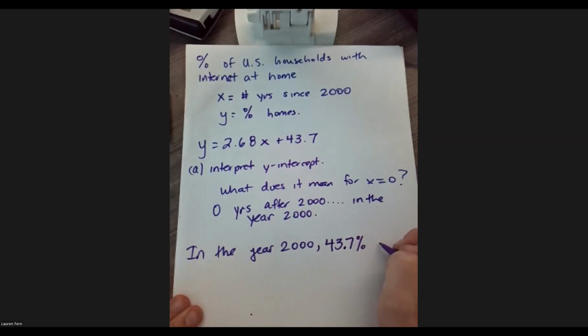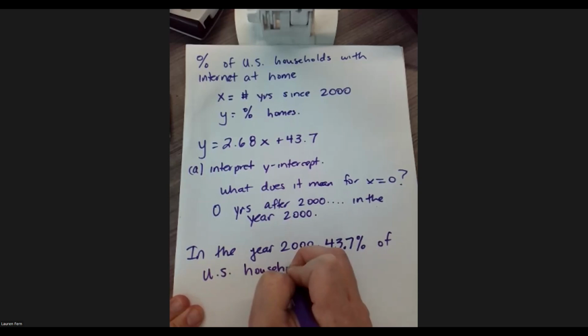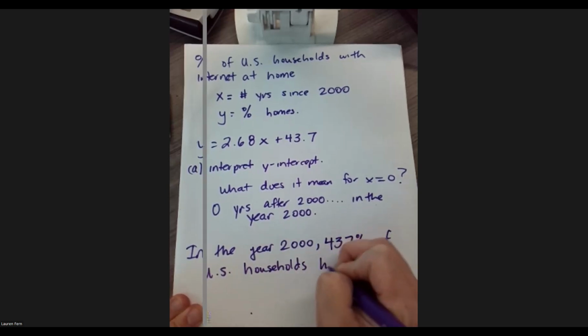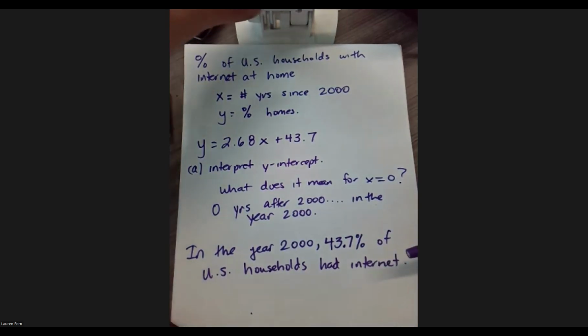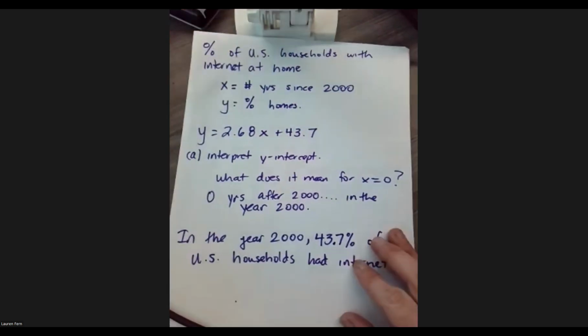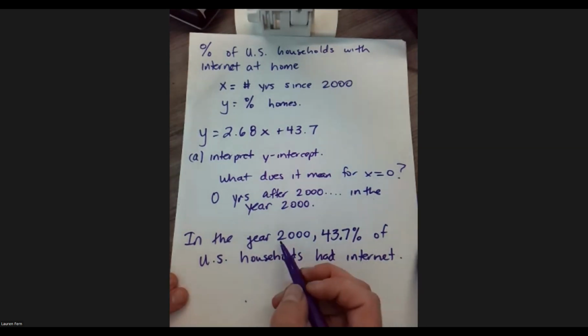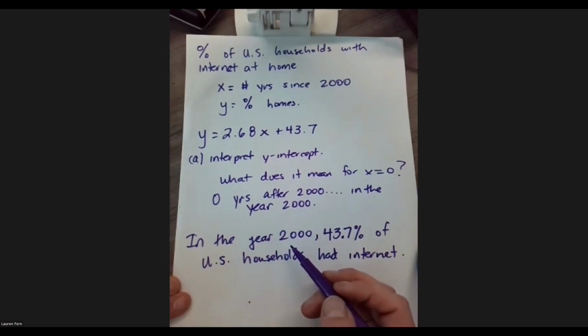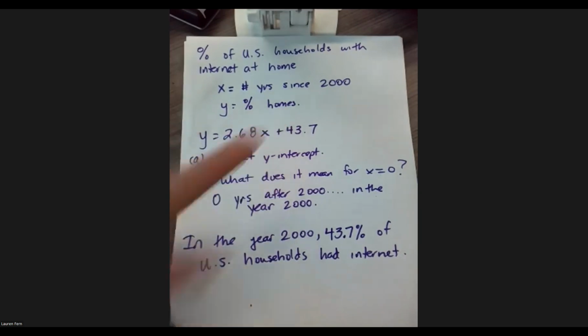We can say that 43.7% of US households had internet. Again, when you interpret the y-intercept, you're asking what happens when x is equal to 0. So first we determine what it means for x to be 0. And then we say, well, this is our y-intercept, and that stands for the percentage of homes that have internet.